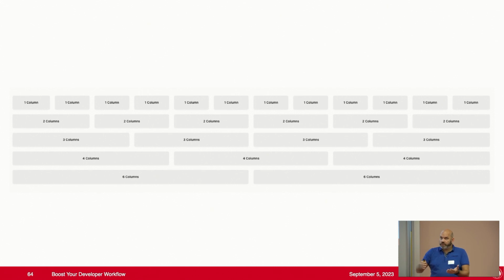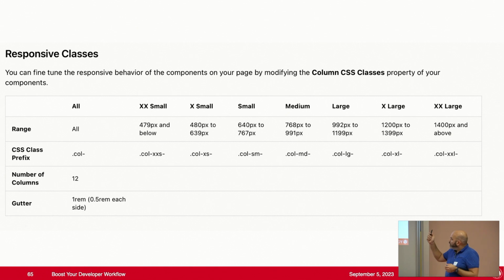But doing that makes it non-responsive, because it will always take up those 2, 3, or 4 columns, instead of being based on the width of your window. Responsiveness classes are made in Apex, and they can dynamically control, based on the width of your screen or window, how many columns it should contain.